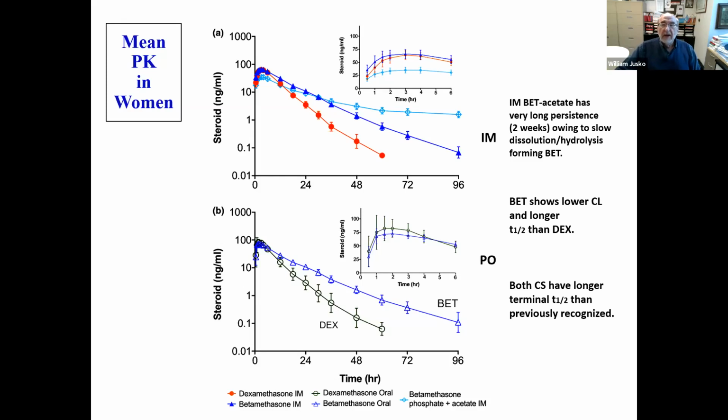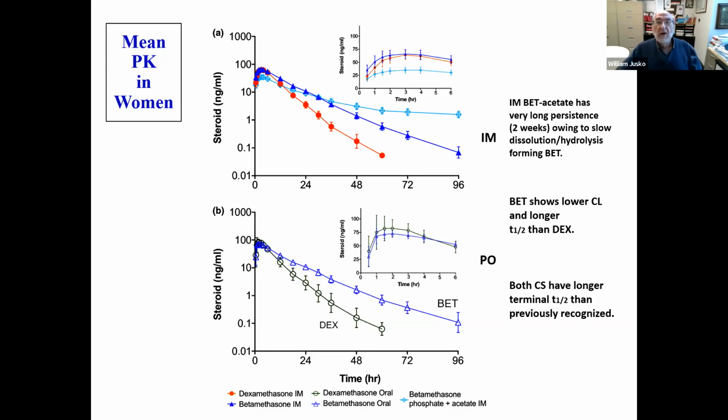The phosphate hydrolyzes very quickly, but when beta acetate is given, that's a prodrug that very slowly dissolves and hydrolyzes to form betamethasone. So the pharmacokinetics from the mixture of the phosphate and acetate are shown on the top.